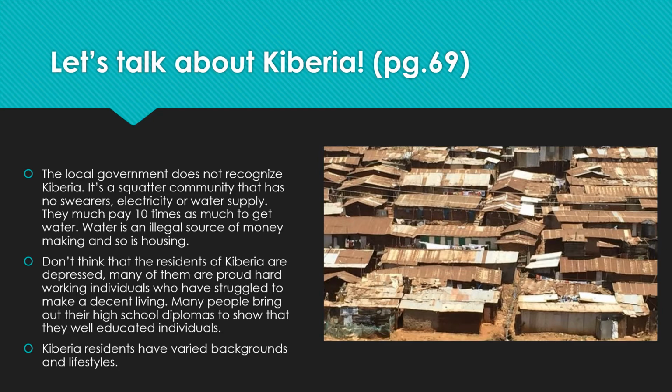The local government actually does not recognize Khyberia. It's a squatter community that has no sewers, electricity, or a water supply. They pay as much as 10 times to get water, and water is actually seen as an illegal source of money, and so is housing.